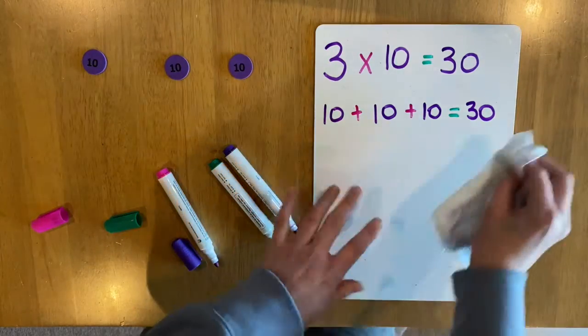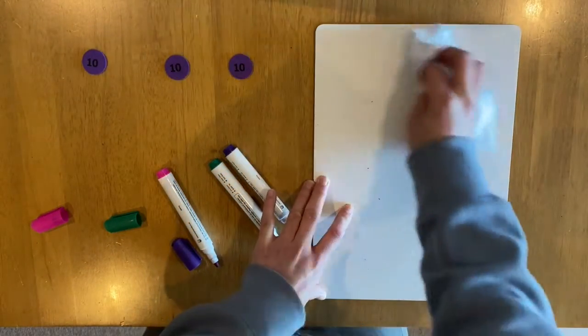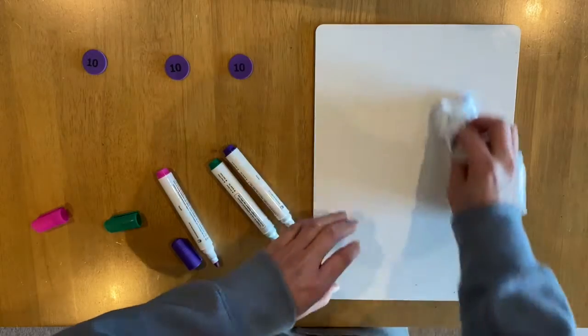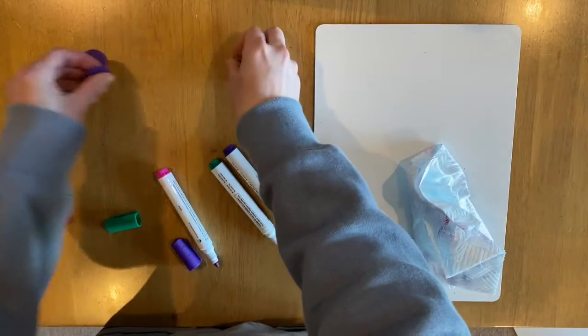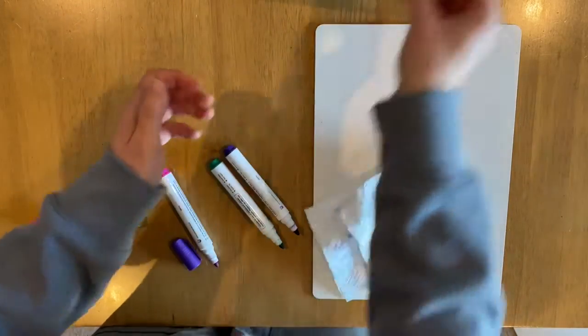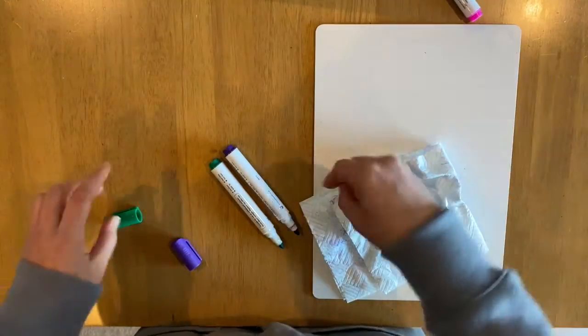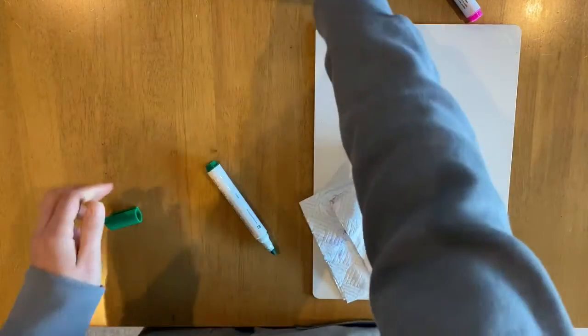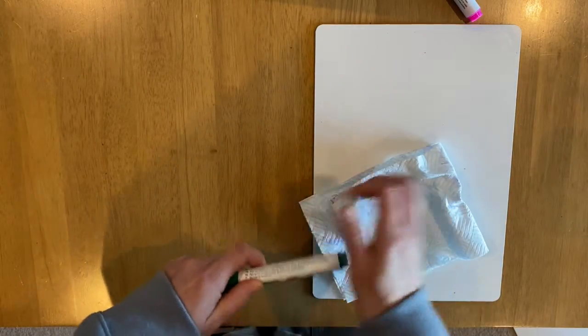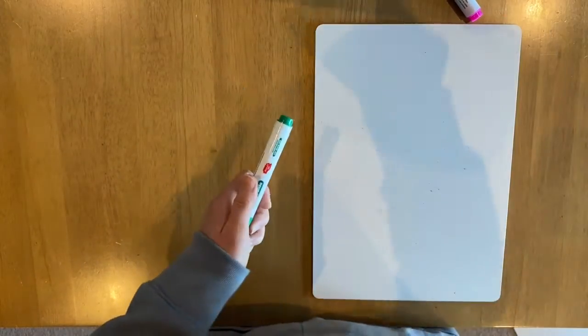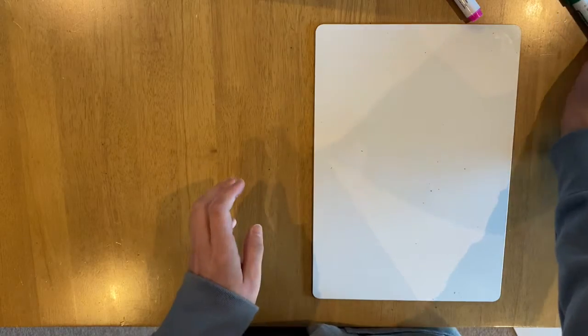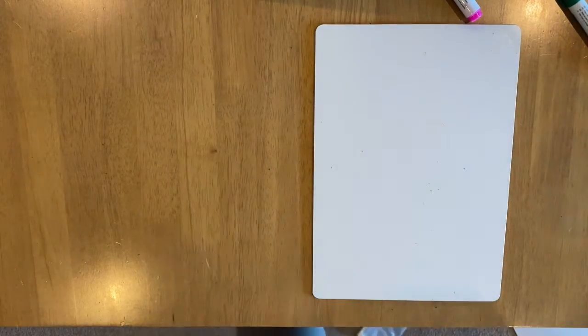This time, I'm going to write number sentences on the whiteboard, and I want you to get objects to make the number sentence. If you don't have loads of objects at home, you can draw pictures. So I will do a picture version as well for you.